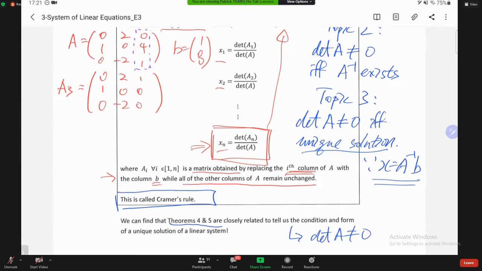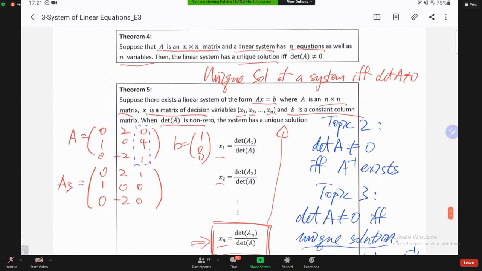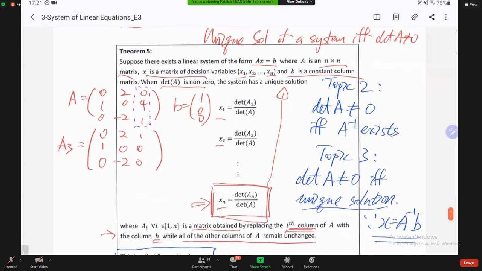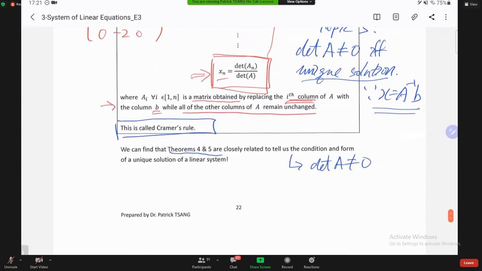So far, so good. I would like to show you the proof of theorem 5 after the break. But let me give you a simple example first.